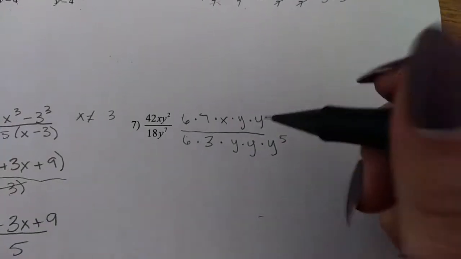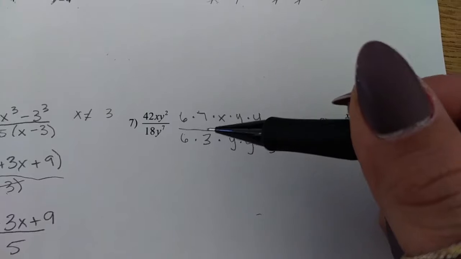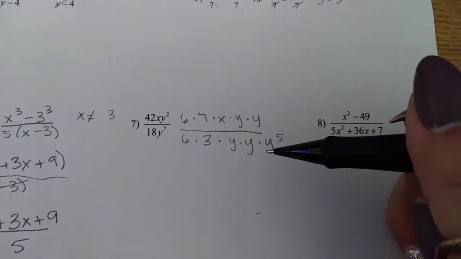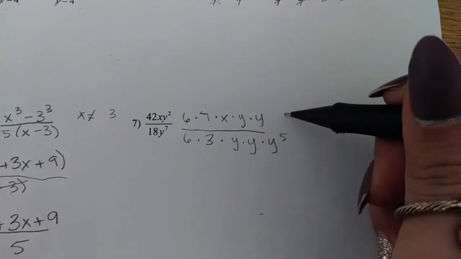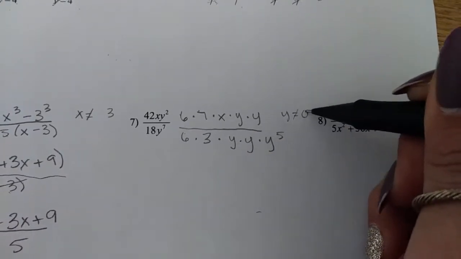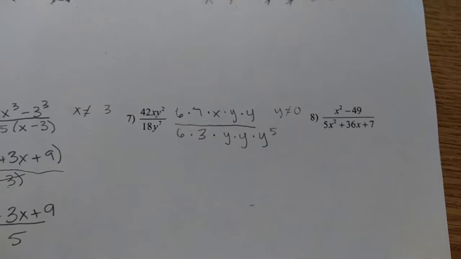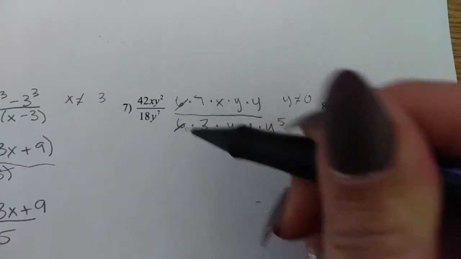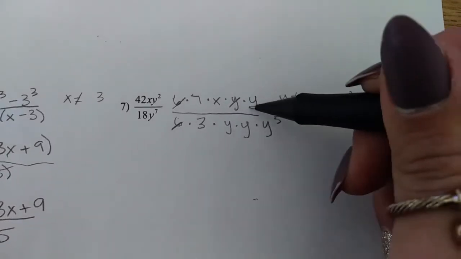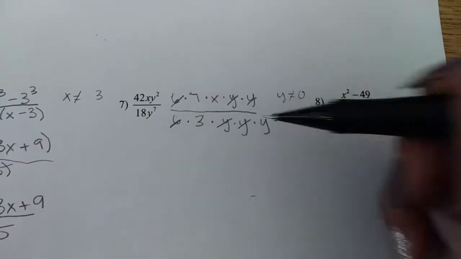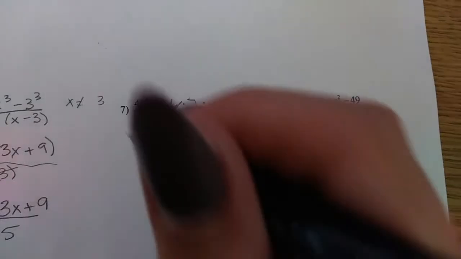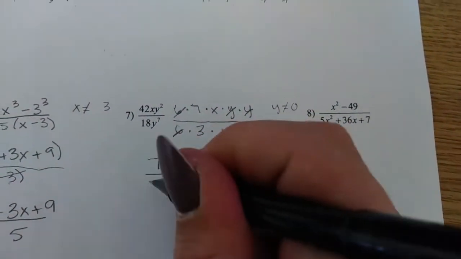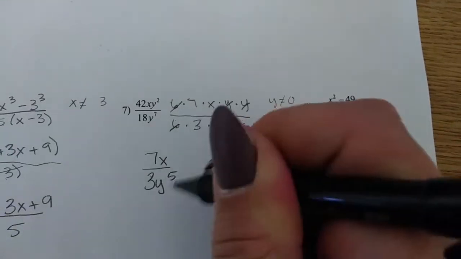By the way, our restrictions, what would make our denominator 0? y equals 0. So we don't want y to equal 0. So we know the 6 cancels out. So do these two y's. And we're left with 7x over 3y to the 5th.